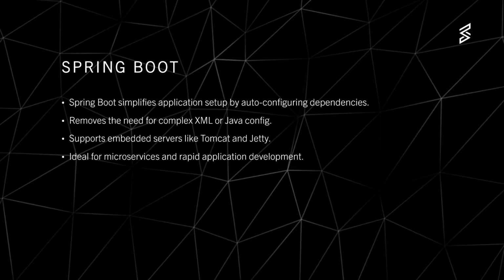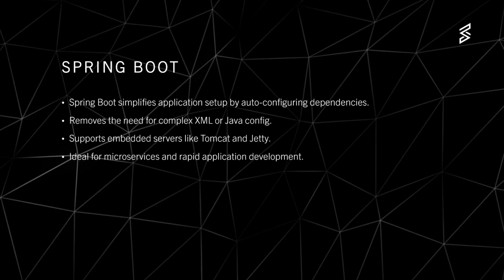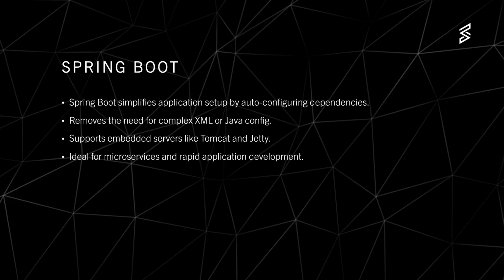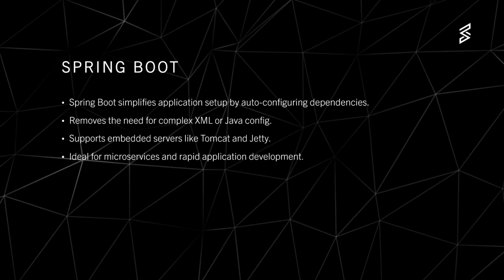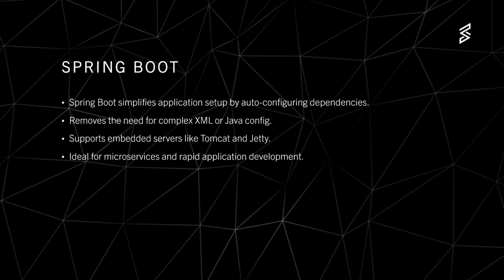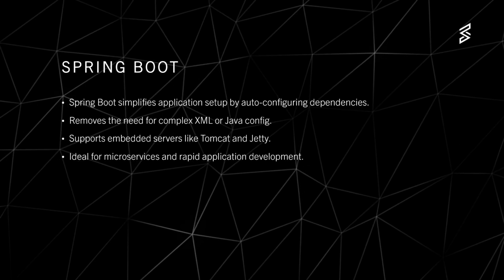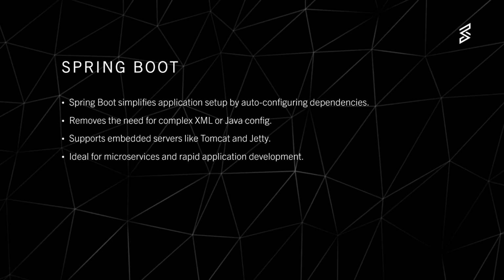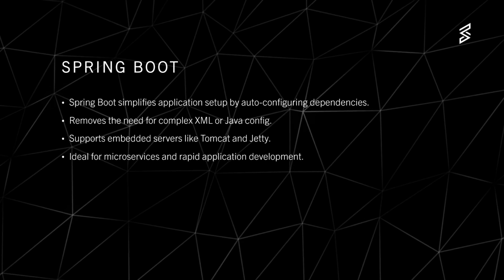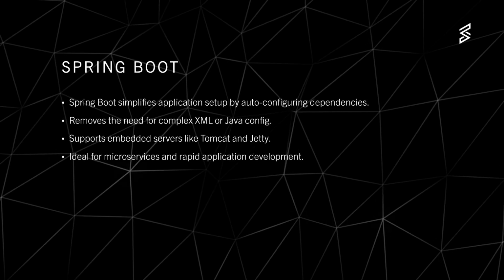You can create a working web app with just a few lines of code and run it with a simple command. Spring Boot is perfect for microservices, cloud applications, and prototyping new ideas quickly. It allows you to go from idea to production faster than ever.